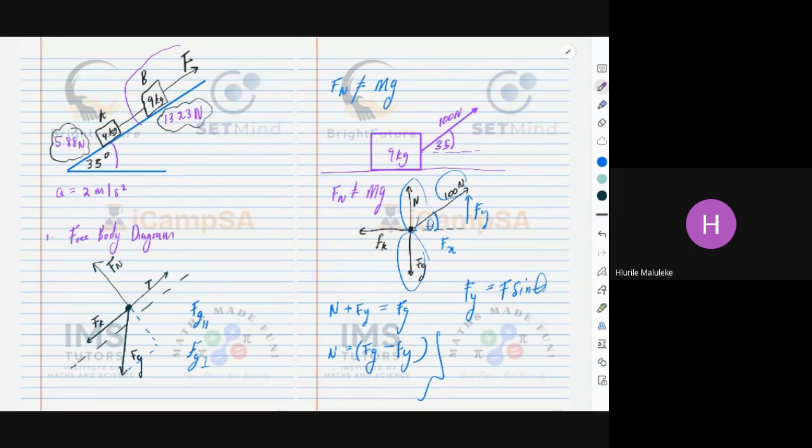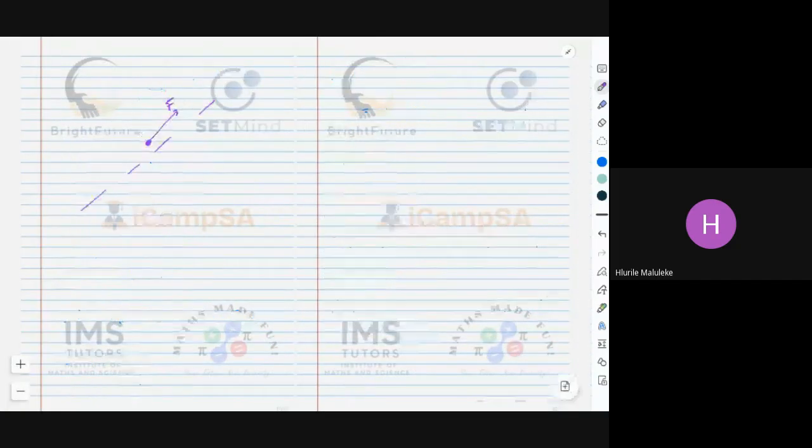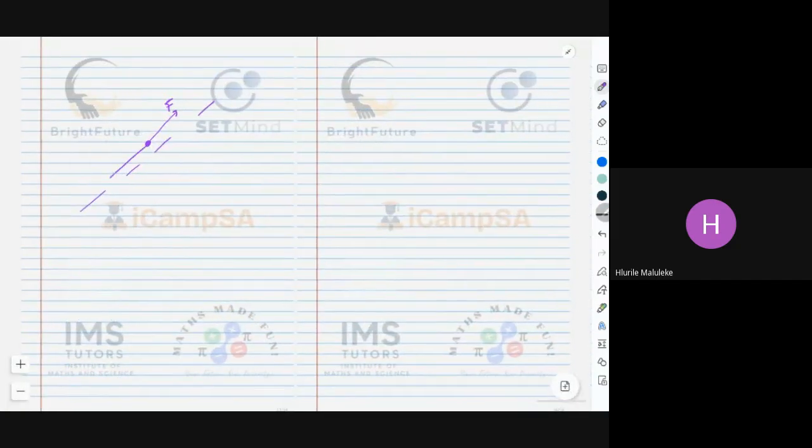Anyone? Give me one force that you see from block B. Friction. Okay, I have friction here, then this is going to be Fk. Then I'm going to have another one here, which one? Tension. Tension, yes.